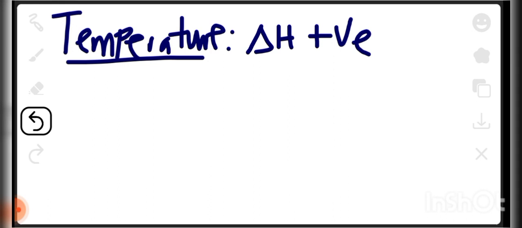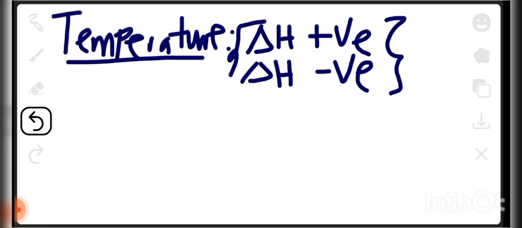If the delta H is negative, it means the reaction is exothermic. For negative enthalpy, the reaction is exothermic. For positive enthalpy, the reaction is endothermic. So that will be the stuff that will be guiding us when we're looking at temperature change.